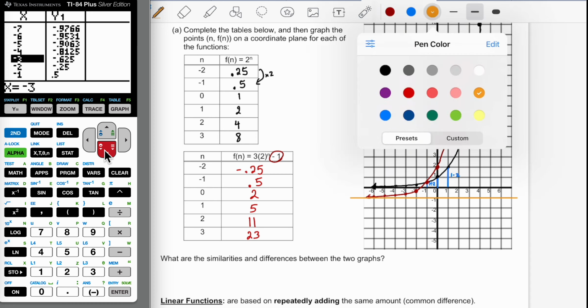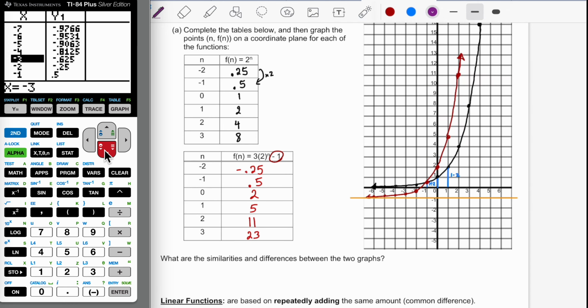All right, so what are the similarities and differences between the two graphs? Same shape and orientation. Different intercepts and asymptotes.